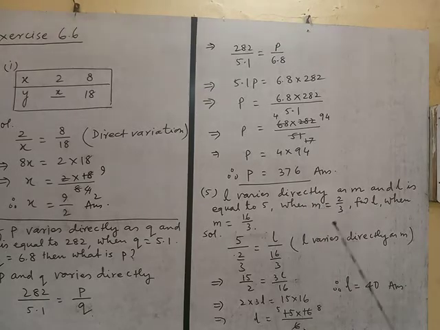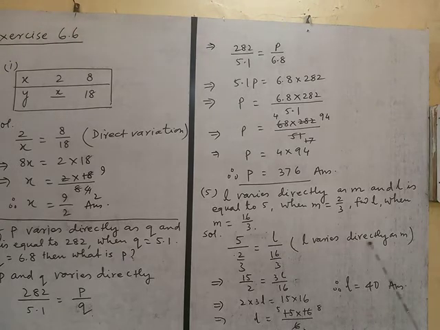This also varies directly. Therefore, L by M is equal to L by M. The first one, L is 5 and M is 2 by 3, so 5 by 2 by 3 is equal to L by 16 by 3. L we have to find.